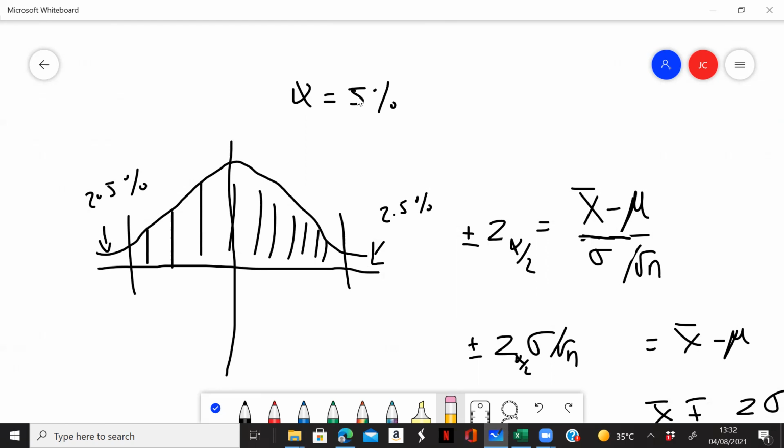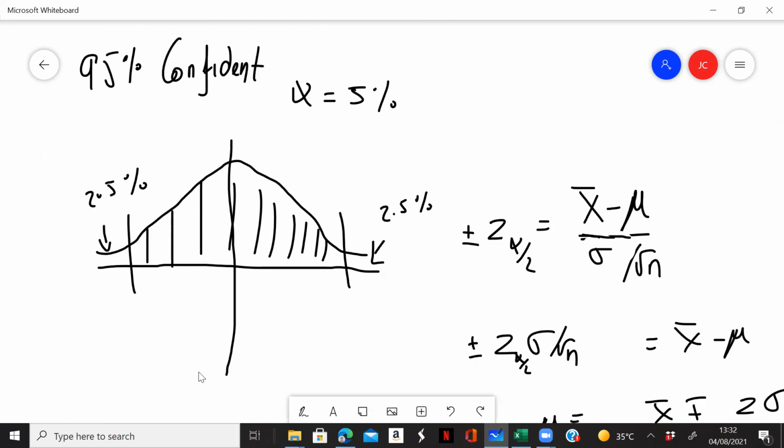I could put it to 2% or 1%. But let's say I want to cover 95% of the population. We call this, I want to be 95% confident.